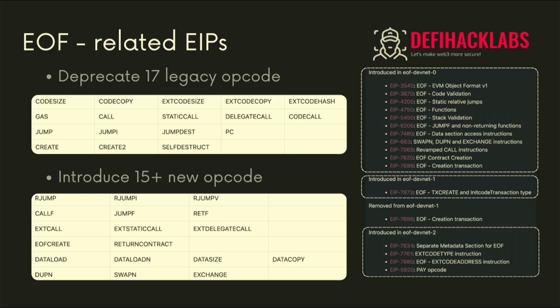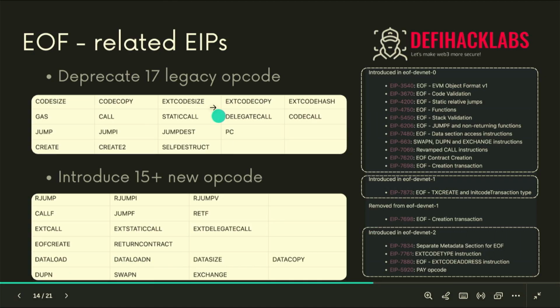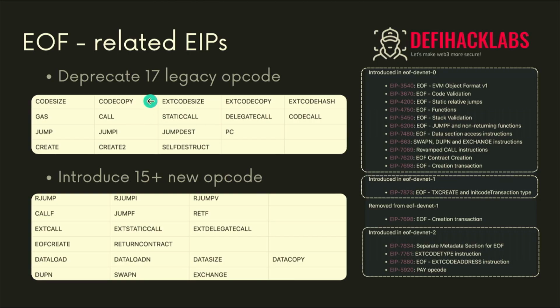And for the stack too deep issue, they extend the original opcodes to access more items on the stack. And to achieve this feature, EOF deprecates 7 legacy opcodes and introduces more than 15 new opcodes. You can check this table for the deprecated opcodes.